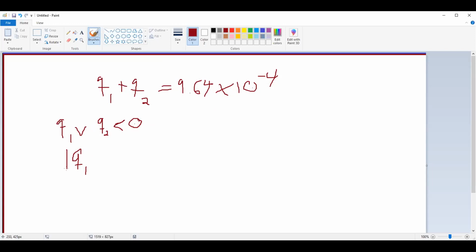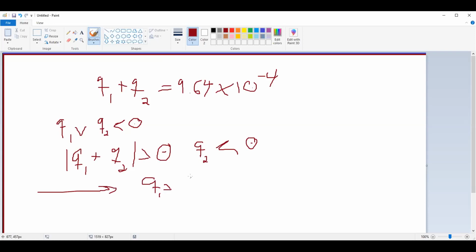So we get here that Q1 plus Q2 is greater than 0. And let's choose Q2 to be less than 0. This implies that Q1 is greater than 0.